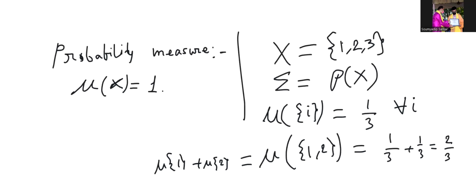But for infinite sets, these things get very tricky actually. Sometimes it may not be possible to define a probability measure on the full power set. For example, you can take the real numbers. I think you can take this as an exercise, it's an interesting exercise. If you take the real numbers, can you define a probability measure on the whole power set of the real numbers?